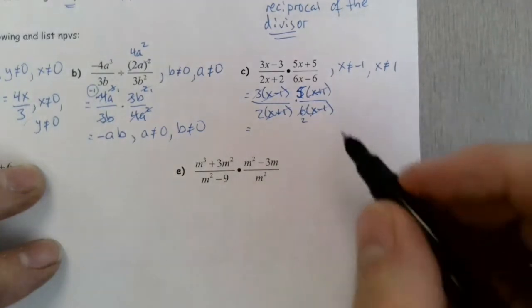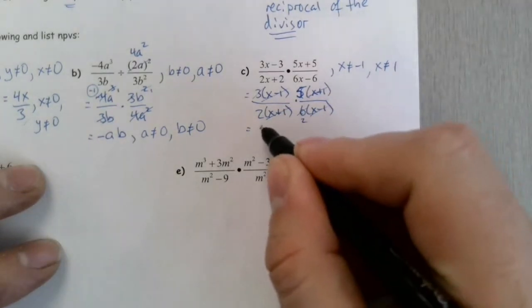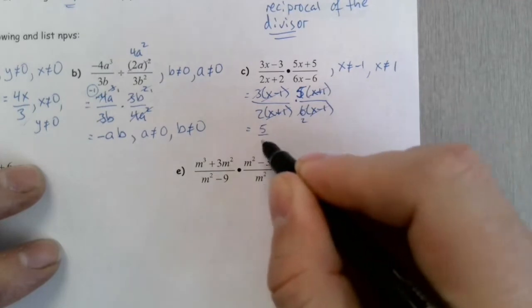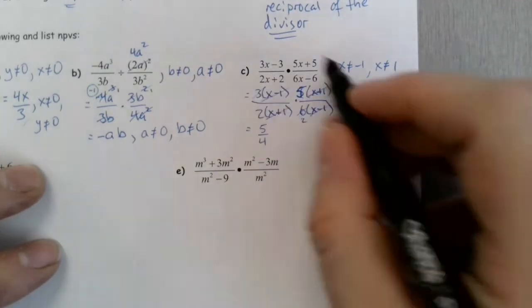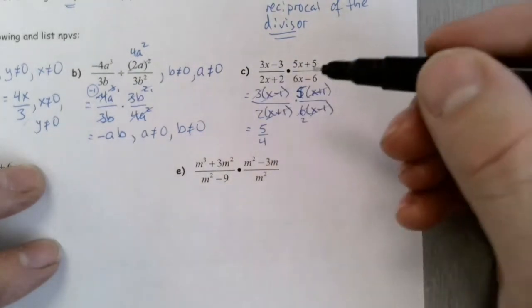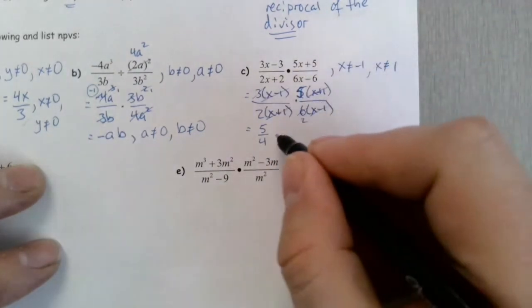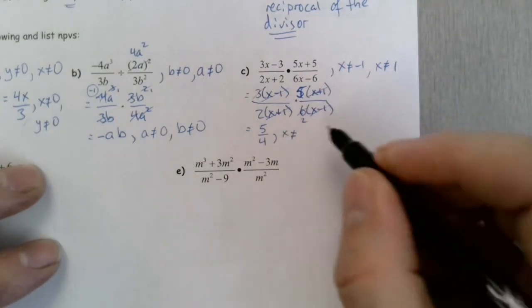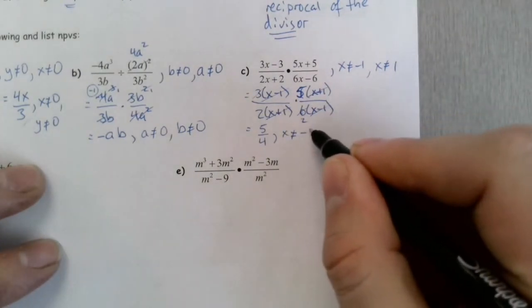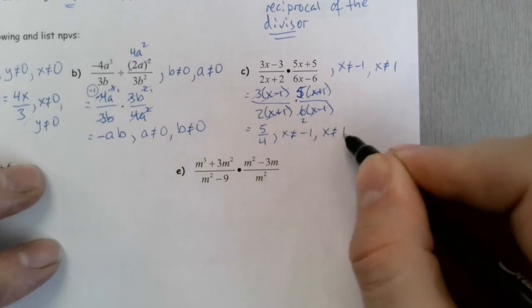And so when all is said and done, all that survived in my numerator was the 5, and all that survived in the denominator were these two factors of 2 to give me 4. So this expression is equivalent to 5/4. I can make it exactly equal as long as I throw that restriction in there: x cannot equal -1, x cannot equal +1.